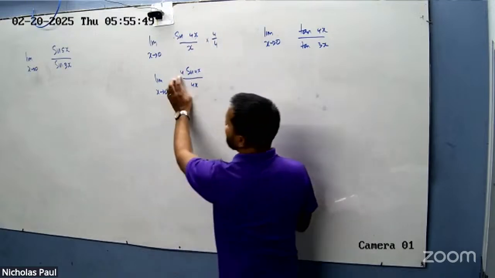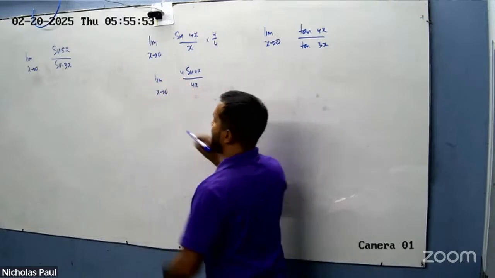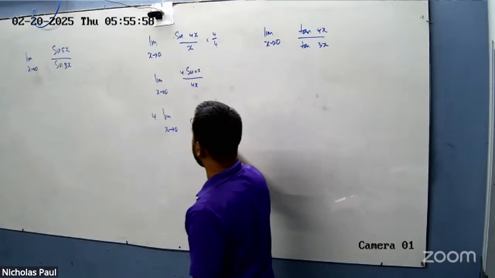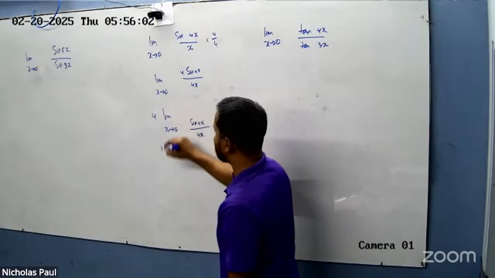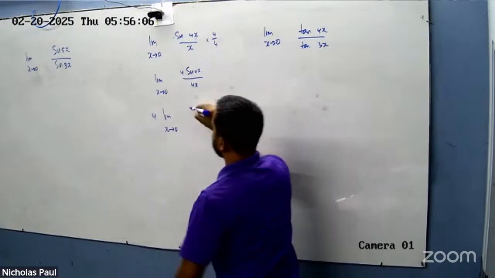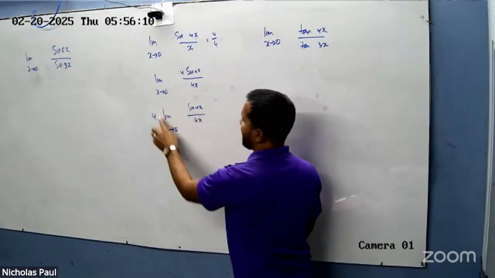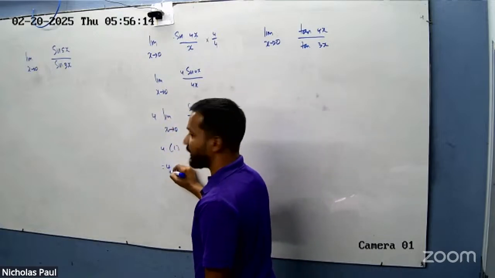Then pull the 4 to the outside. So I'll get 4 times the limit as x approaches 0 of sine 4x on 4x. This value is 1. So it's 4 by 1, and the answer is 4.